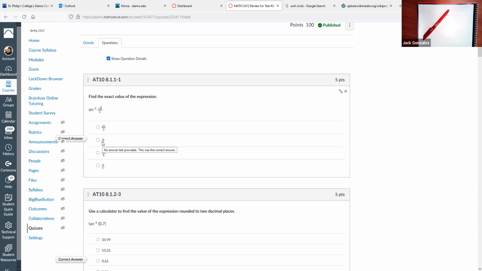Okay, let's look at the circle. Are you comfortable using the circle? Okay, let's move on to number 2 then. Number 2 literally says use a calculator, so any scientific will do. Let's see, tan inverse of 0.7.